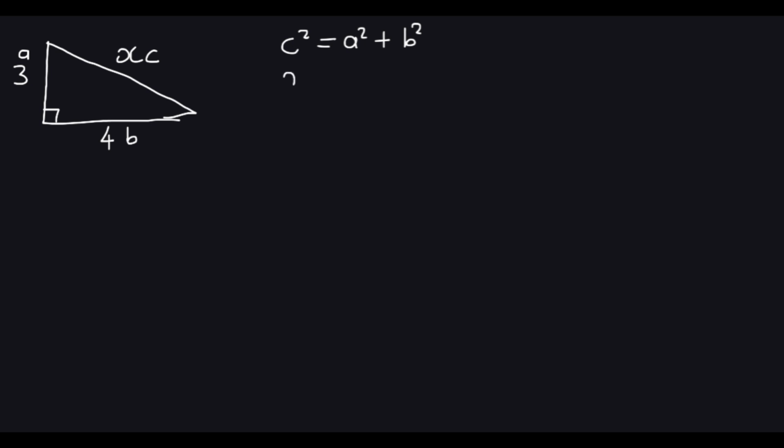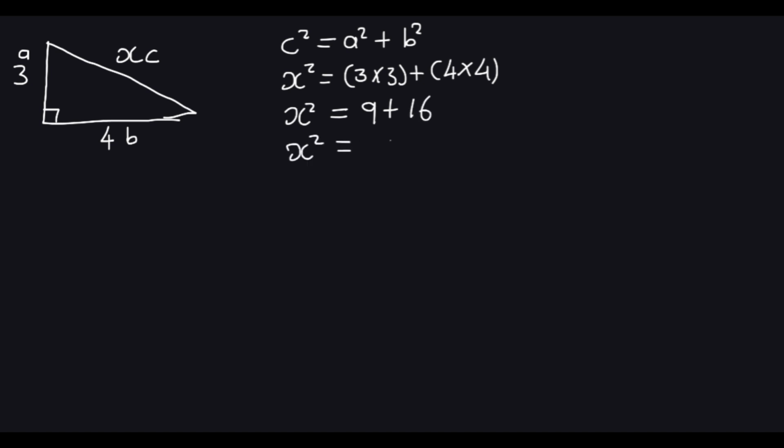So our C squared, X squared, is equal to A squared, 3 multiplied by 3, plus 4 times 4. So X squared is equal to 3 by 3 is 9 plus 4 times 4 is 16. So if we add 16 plus 9 is 25.